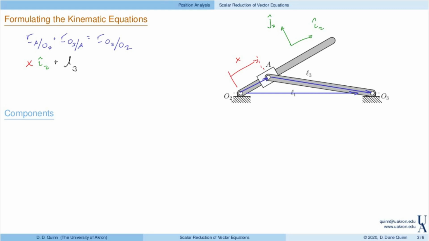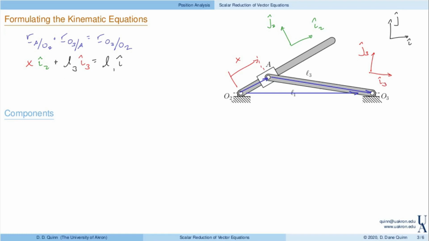The direction, however, is variable and unknown, so we'll define this direction as I3 and J3, so that the direction here is in the I3 direction. Finally, the vector from O2 to O3 is known, because it's just fixed in the ground. So I'll define I and j fixed in the ground, and this is just L1 in the I direction.